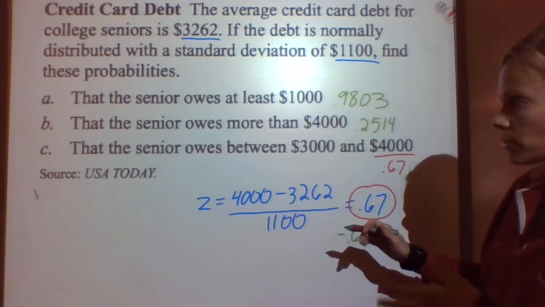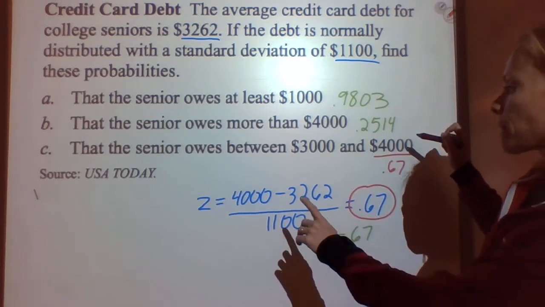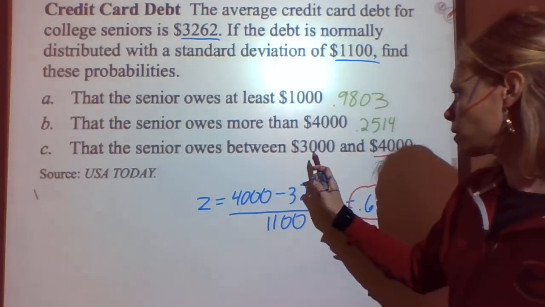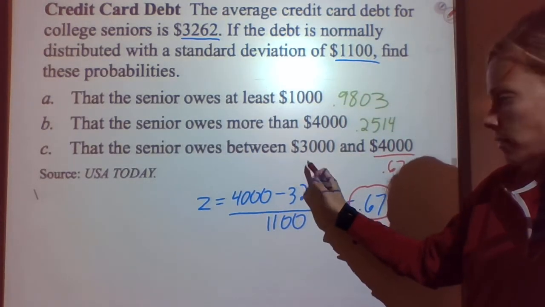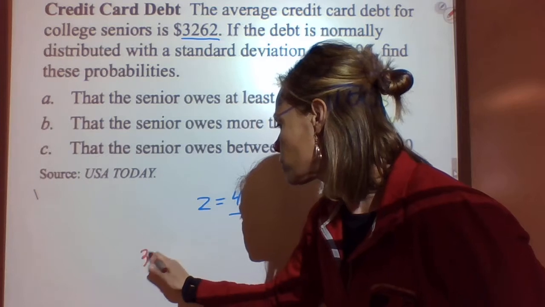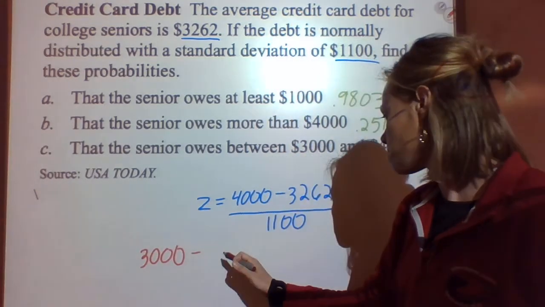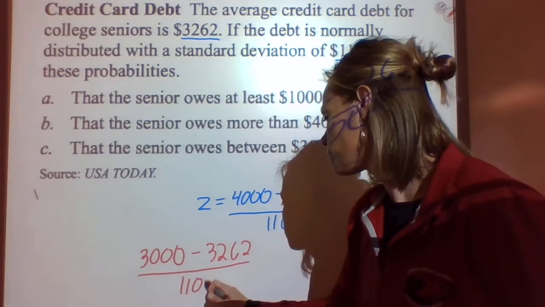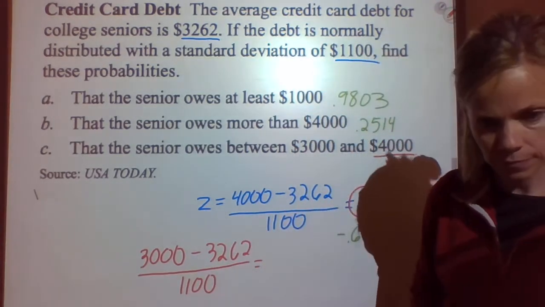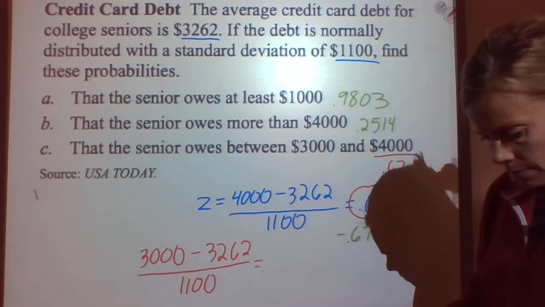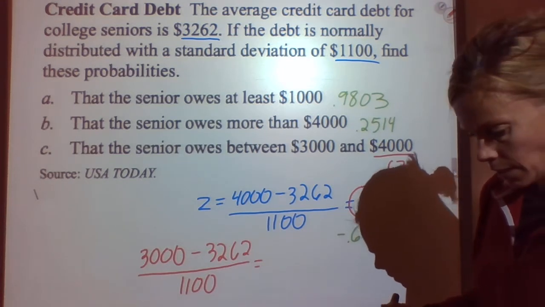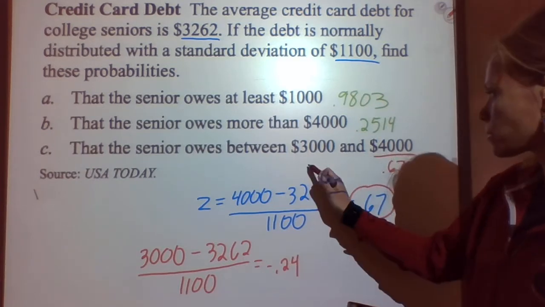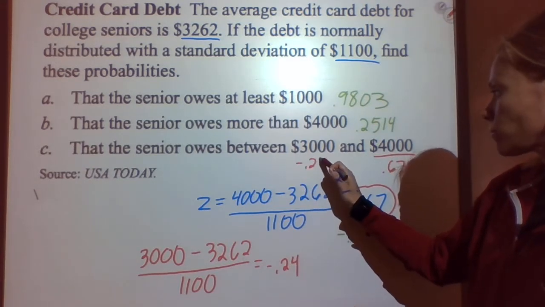So I already know the z-score for 4,000 is 0.67. The only other work I need to do is find the z-score for 3,000. So 3,000 minus the mean, divided by standard deviation, is negative 0.24.